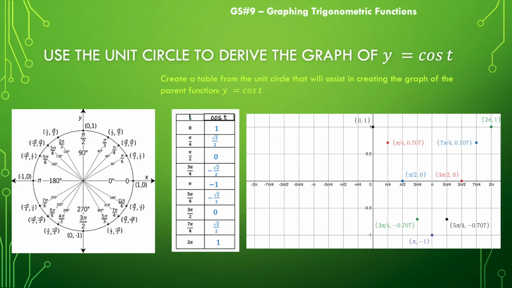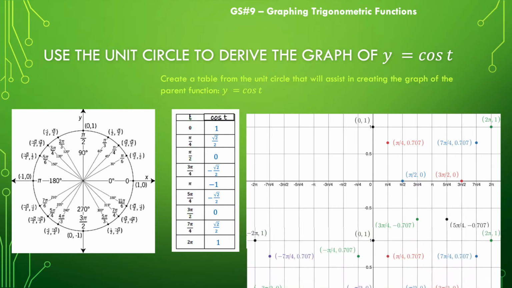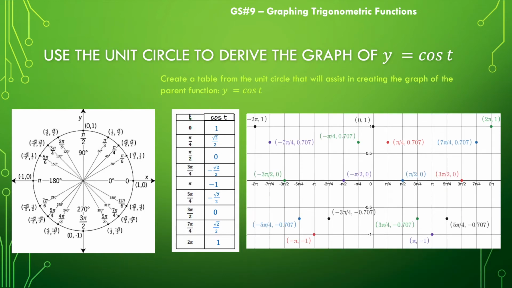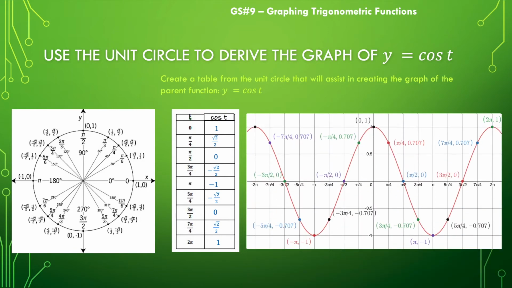But if we were to continue this pattern, we would see that we end up with a hill and valley kind of thing, just like the sine function. And if we connect those dots, we see that nice smooth curve emerge.